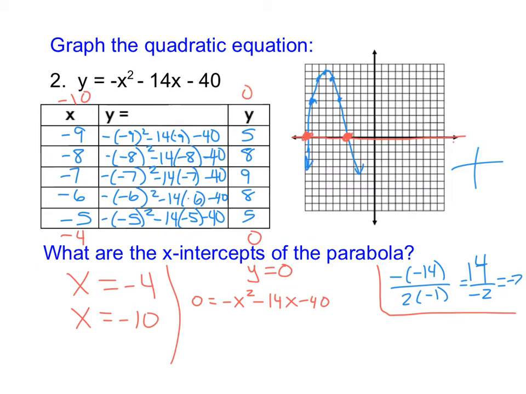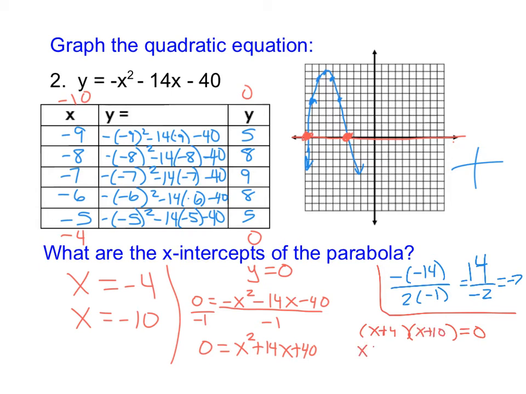We're solving a quadratic. So I can divide everything by negative 1. 0 equals x squared plus 14x plus 40. That we can just factor. What multiplies to 40 and combines to 14? 4 and 10.